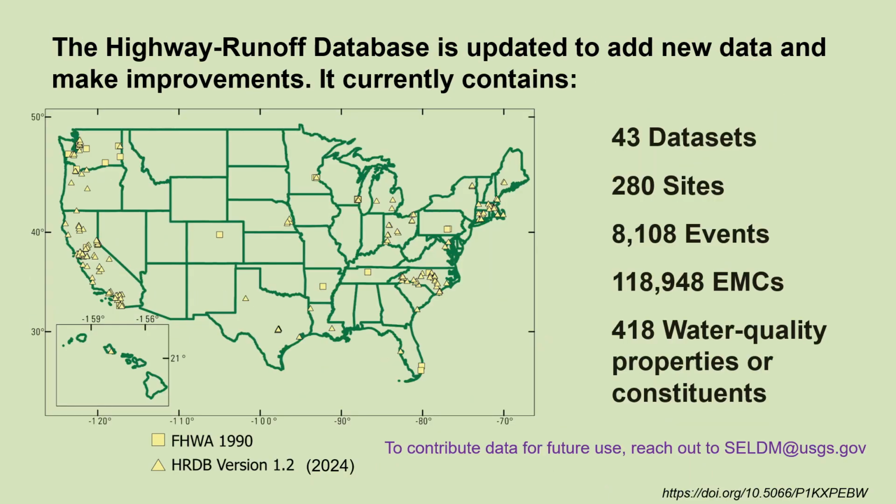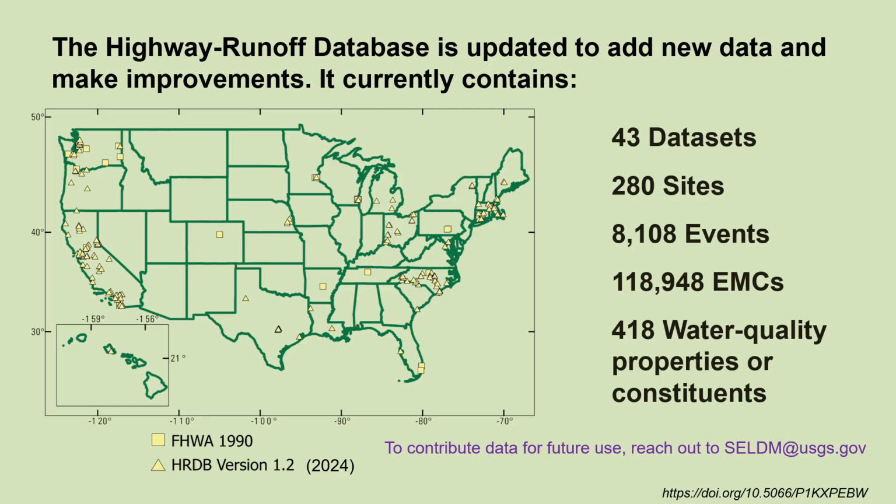The Highway Runoff Database also has a variety of representation across the states. It is updated. So if there's new data here that could be added, that's definitely something that would be great for folks to reach out to the USGS SELDM team to provide that data for future use.